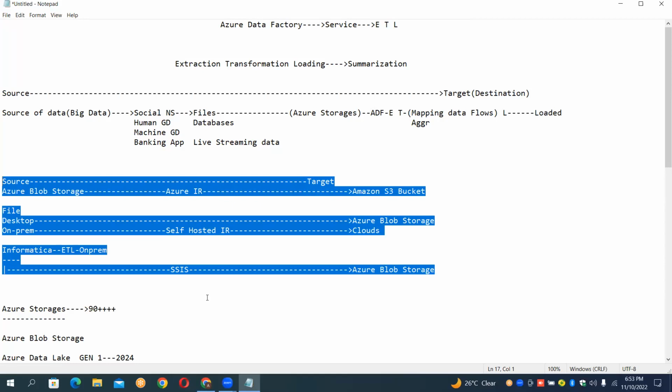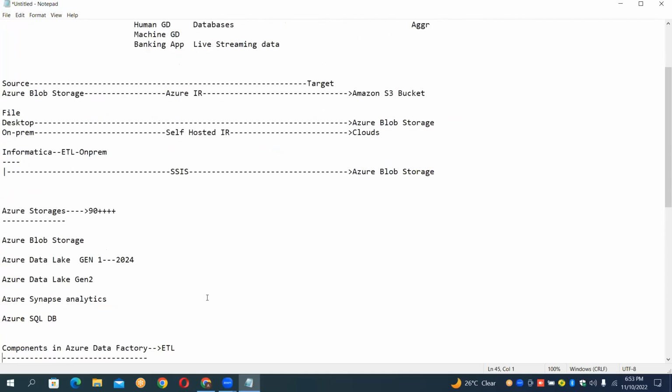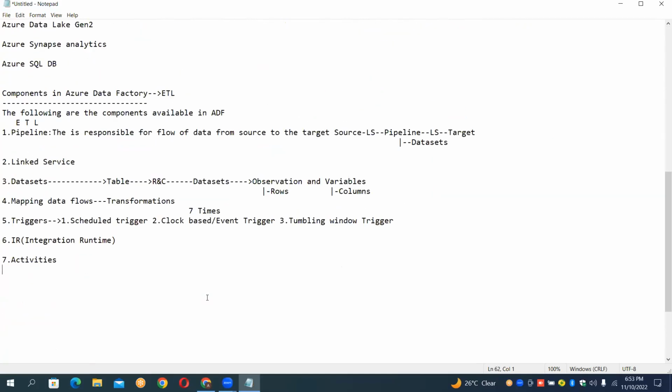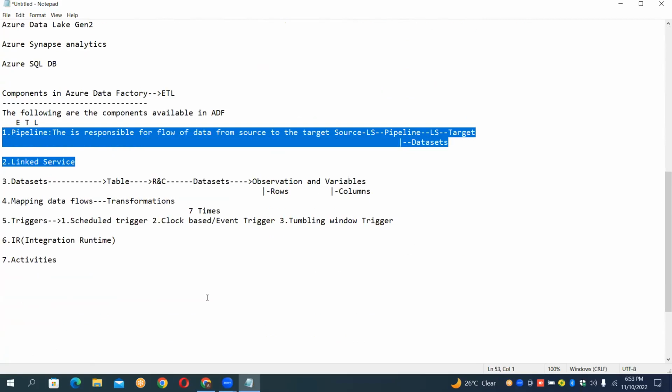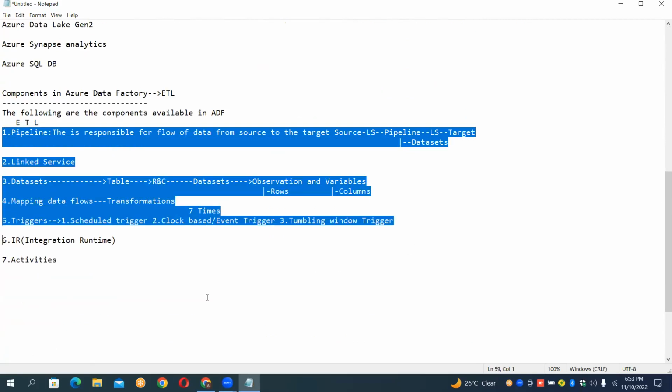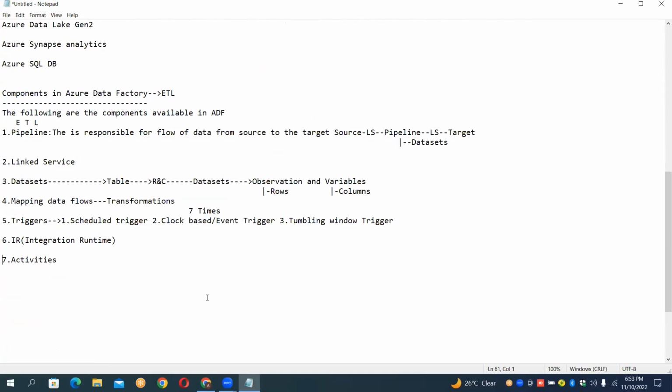Next, after this, how many things have we done already? All the 6 components we have done. Pipeline, linked service, mapping data flows, triggers, and integration runtime. And the 7th one, what is it? Activities. What do you mean by activities, guys?